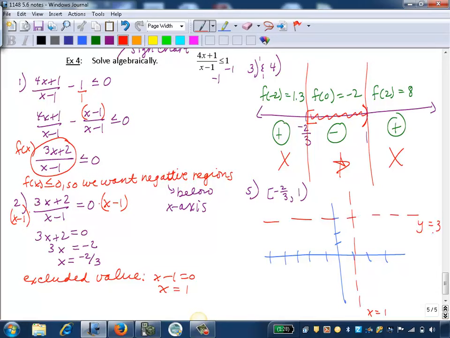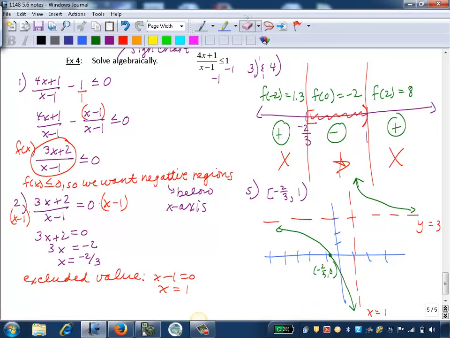And now we're going to fit our graph in between the grid here. So we know we have a 0 at negative 2/3. So we'll approximate right here. So we've got a branch in this region. And then we have a branch, you can see from your calculator, in this region.